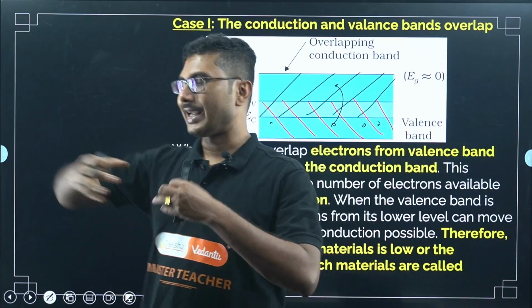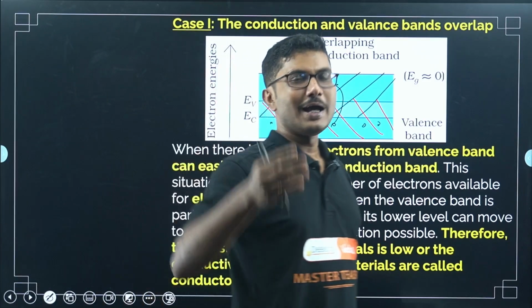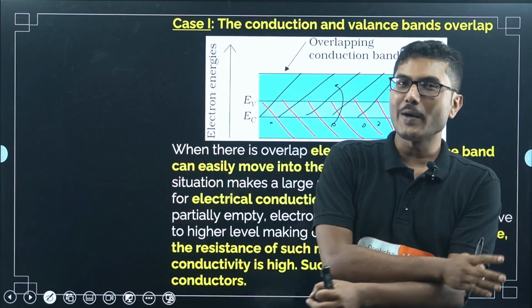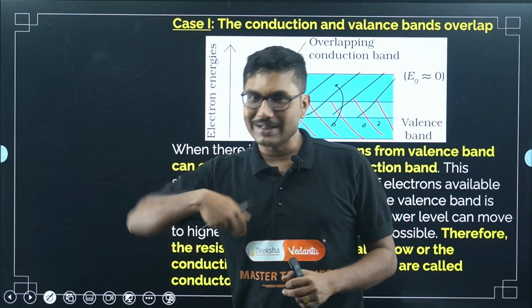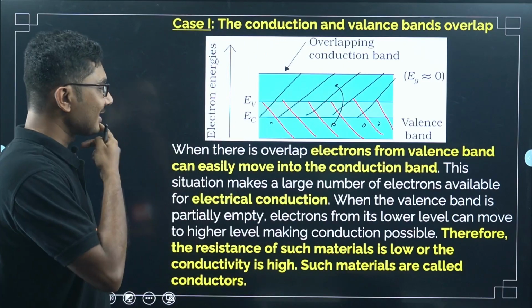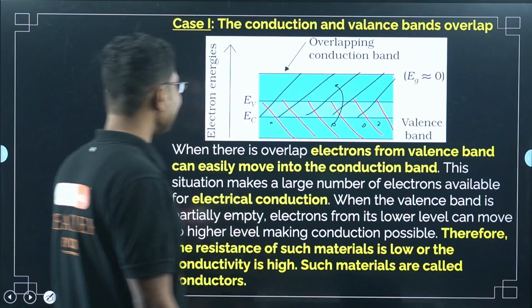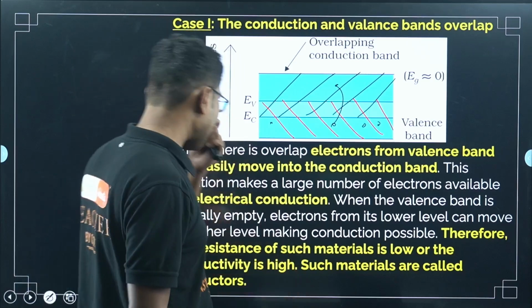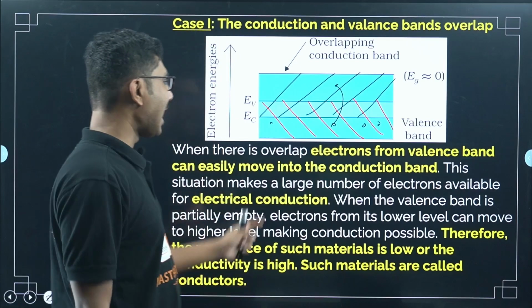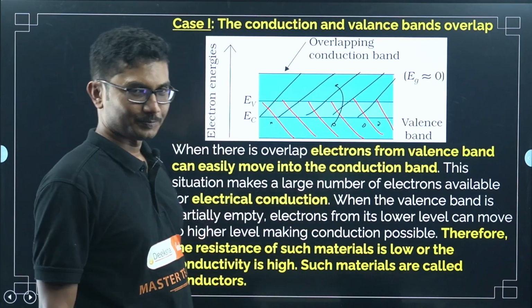If the gap is very high, that is the forbidden energy gap, you cannot jump, you will fall. But if the balconies are overlapping, you don't need to jump, you can easily walk from your home to your neighbor's home, just for fun. Now electrons from valence band can easily move into the conduction band. This situation makes a large number of electrons available for electrical conduction.